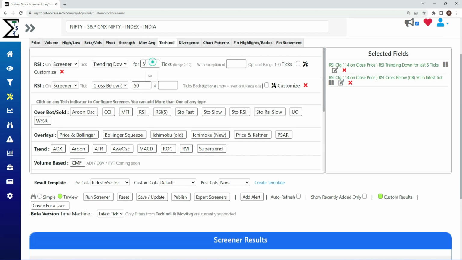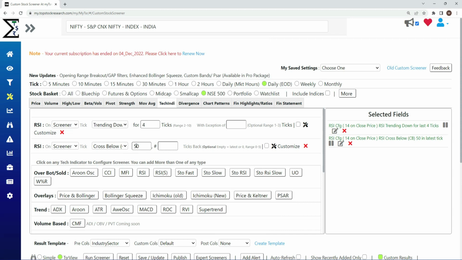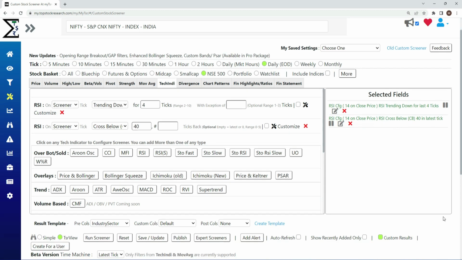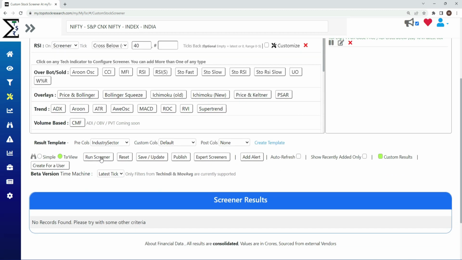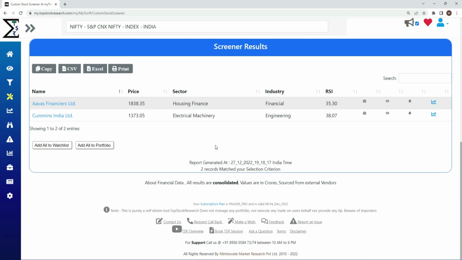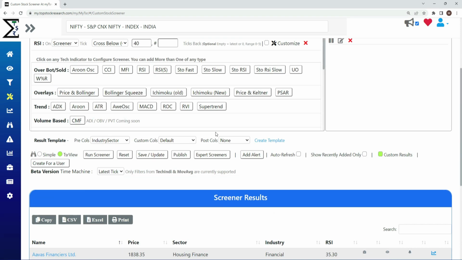So the stricter criteria that you make, the lesser number of stocks would appear, and that is actually a very good thing. Last week the market is bad, right? Maybe you may want to use 2 ticks, yeah. Yeah, 2 ticks, okay. Or maybe cross below, maybe let's see 40, right? If we see anything, right? So we get 2 stocks, wherein RSI is below 40, and it is coming down, right?